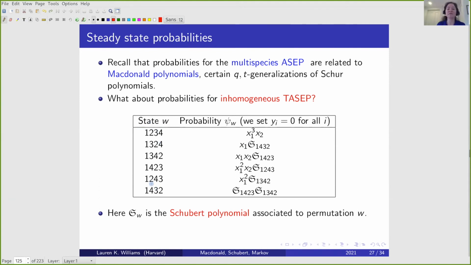And so we have 4 factorial or 24 states, but because of the circular symmetry inherent in the model, I only need to write out the probabilities for the permutations which start at 1, right? Because the probability of the state, which is a cyclic shift of any of these, is going to be the same. Okay, and let me also say, in this table, for simplicity, I've set my y parameters equal to 0.